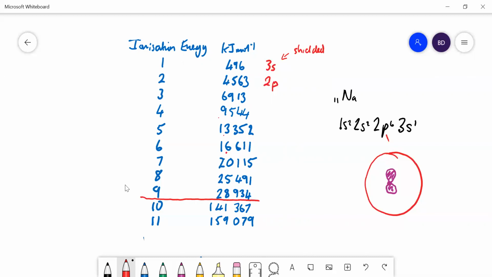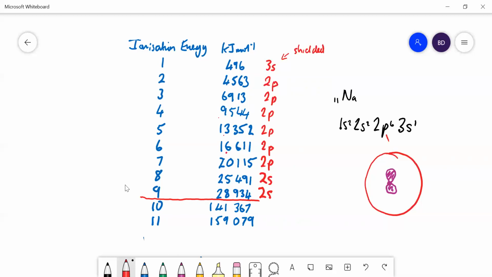So let's explain what's going on there. Where's the orbital the electron's coming from? This one's coming from 2p. How many electrons are in 2p? There's 6, so there's 6 removed from 2p. And then after that, you're going to start removing them from 2s. Now, why do we get this huge jump here?